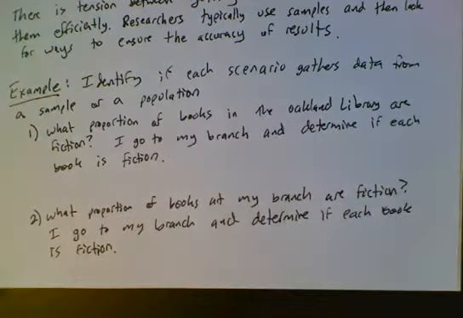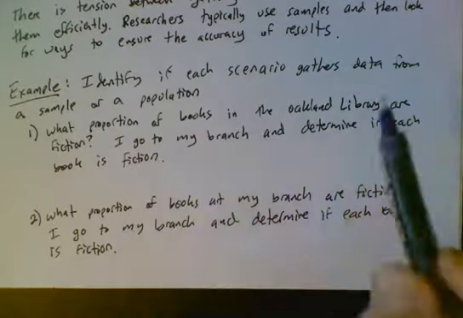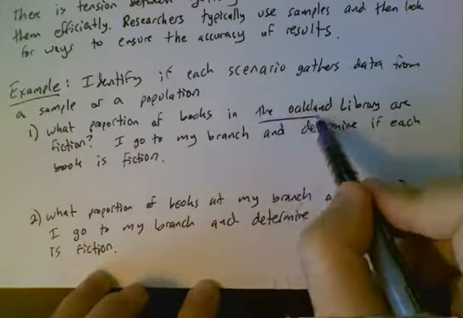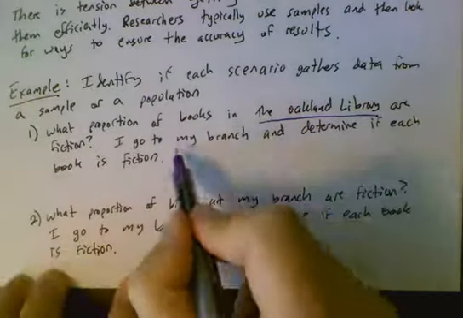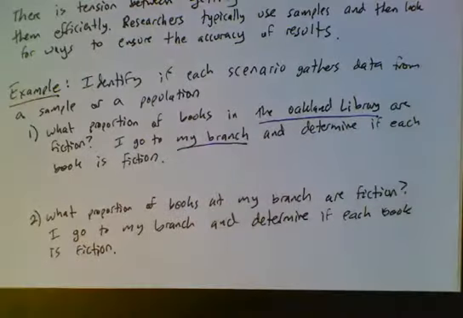So the thing is determining whether you're gathering population data or sample data depends on what your population of interest is. So in this case, what proportion of books in the Oakland Library? So all the branches all around the city. So if I just go to my branch, I'm just taking a subset of the books that are in the entire library.